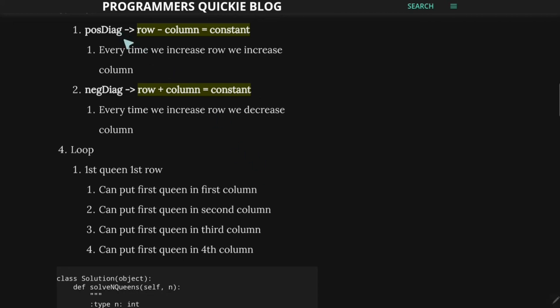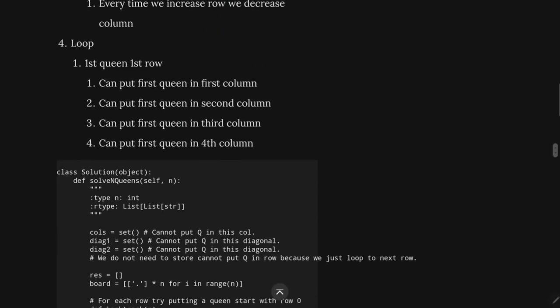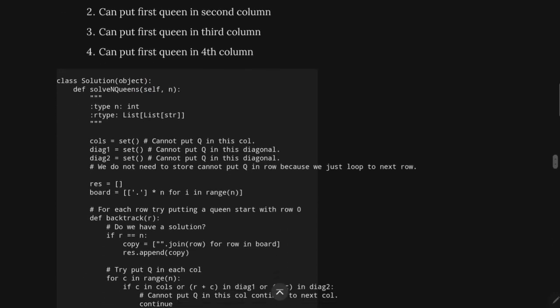Okay, because this would be row plus column, this would be row minus column. Then we're going to take the first queen, put it in the first row, check if we can put it, then go to the second row, then go to the third.